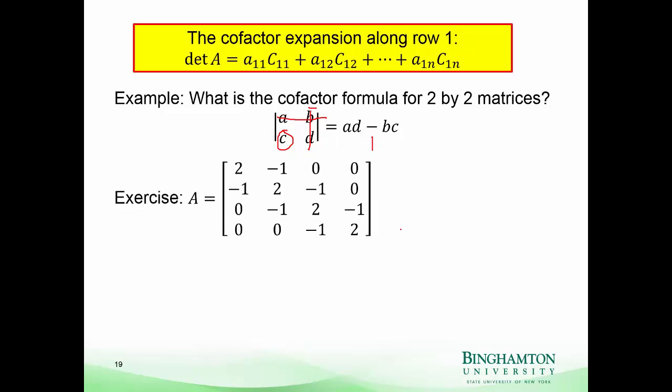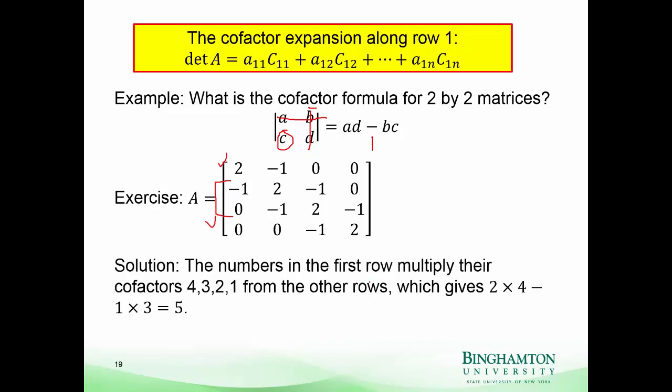Here's an exercise for the 4x4. Obviously, we would not want to pick row 2 or row 3, but row 1 works. Row 4 works equally well. So the numbers in the first row multiply their cofactors. So we're claiming that if you do all the cofactors, you'll get a 4 for that.